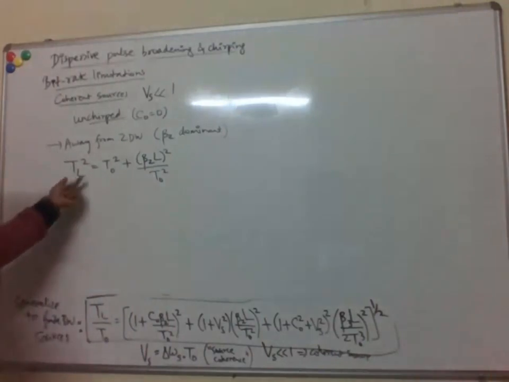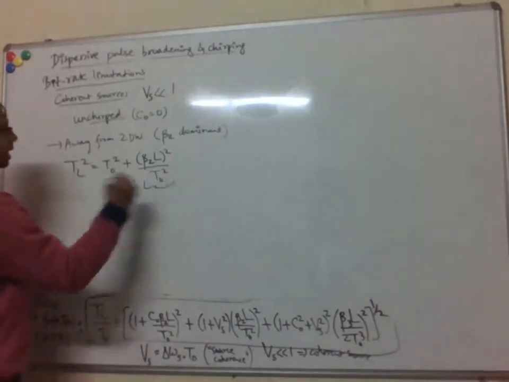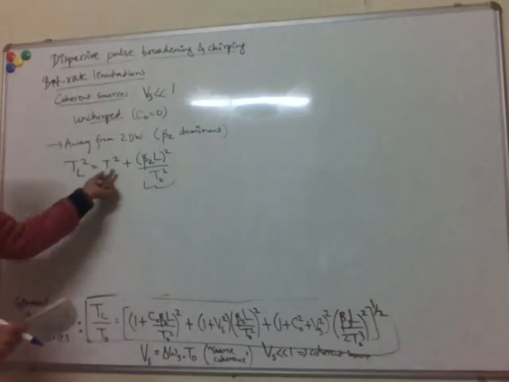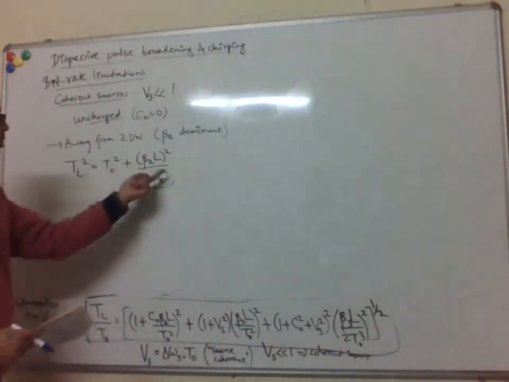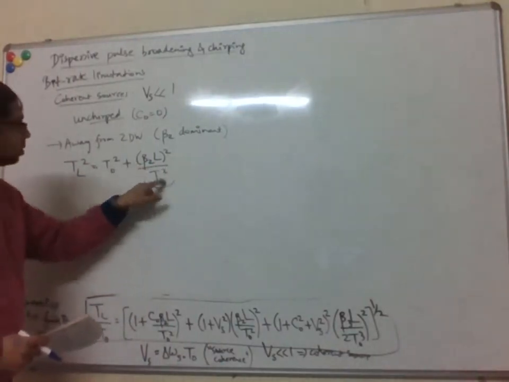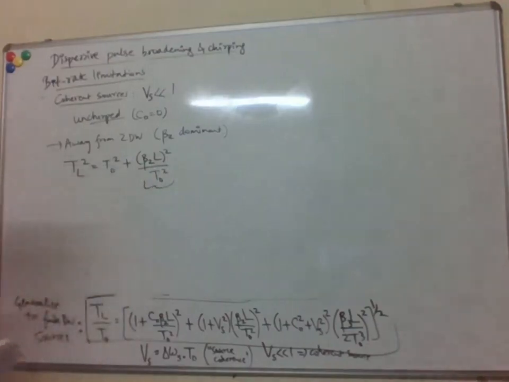So unlike the incoherent case, if you consider the broadening like this, this is the input, this is the output, this is the broadening factor. The broadening factor depends on the input pulse width itself, unlike the incoherent case.